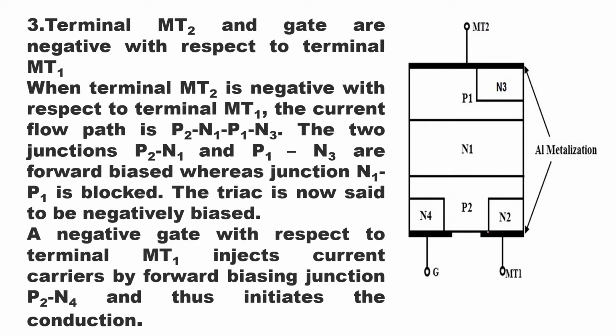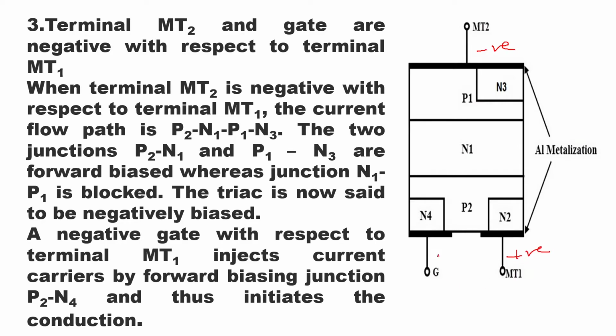In the third mode, what will happen is MT2 is made negative with respect to MT1, so MT1 is positive here, and the gate terminal is negative.